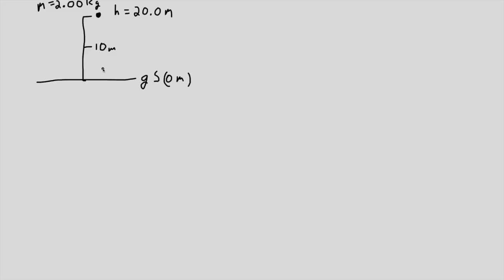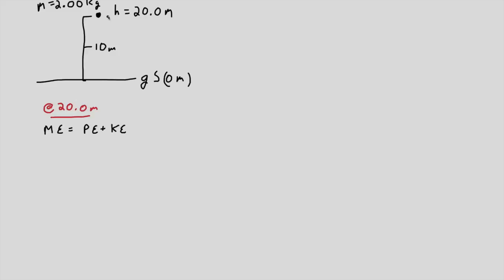Now they want us to know what is the mechanical energy, potential energy, and kinetic energy in each of the states. So let's start with the first one. This is when we're dealing with it at 20.0 meters. At this stage, we know that mechanical energy is going to be equal to the potential energy plus the kinetic energy.